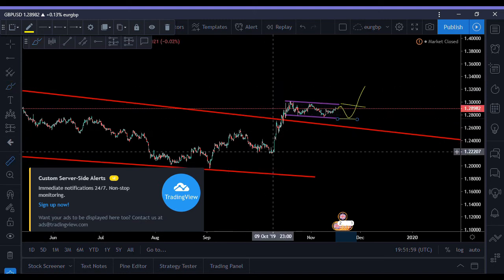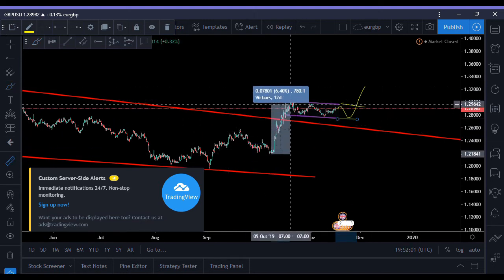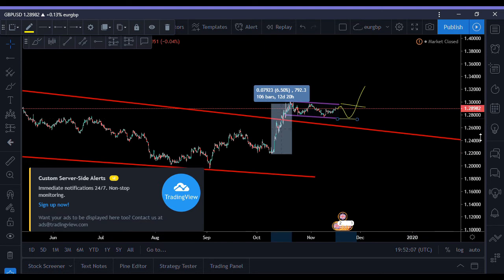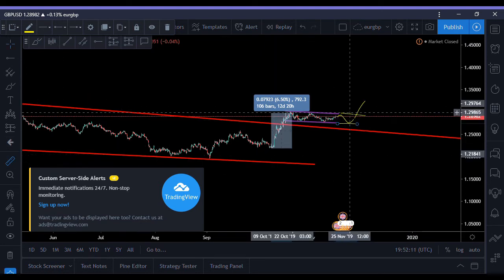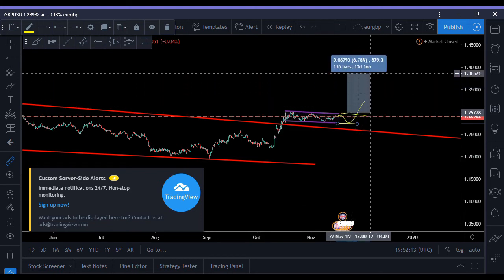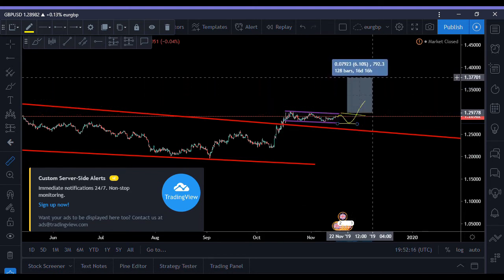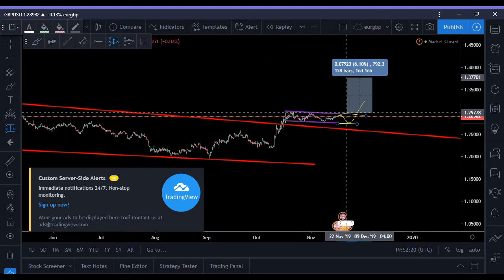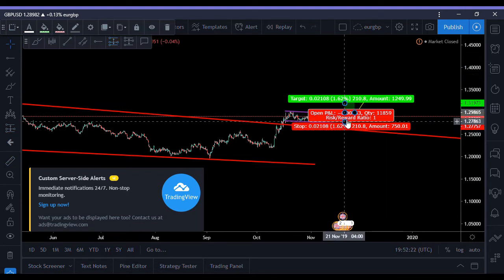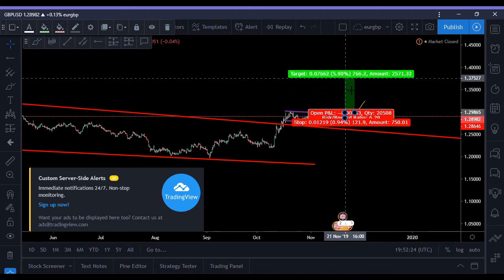So this price movement from here to here, that's 6%. I'll take the same from here to here, approximately 6% as well. So I'm gonna take my long position from this area going to the upside.